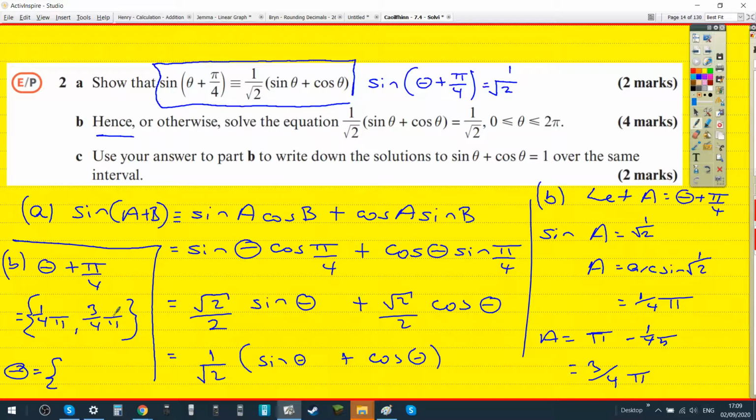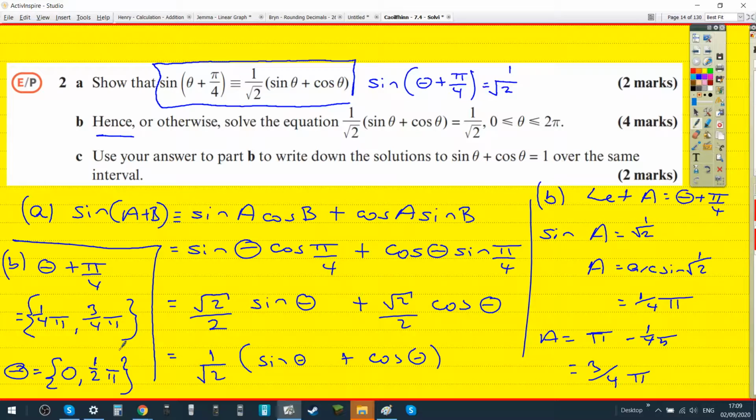So 1 over 4 pi minus 1 over 4 pi is 0. 3 over 4 pi minus 1 over 4 pi is 1 over 2 pi. And 0.